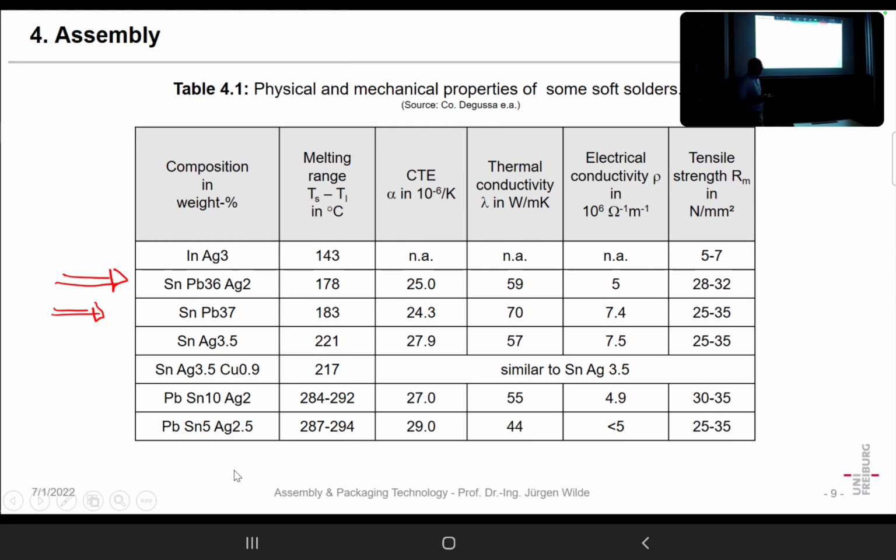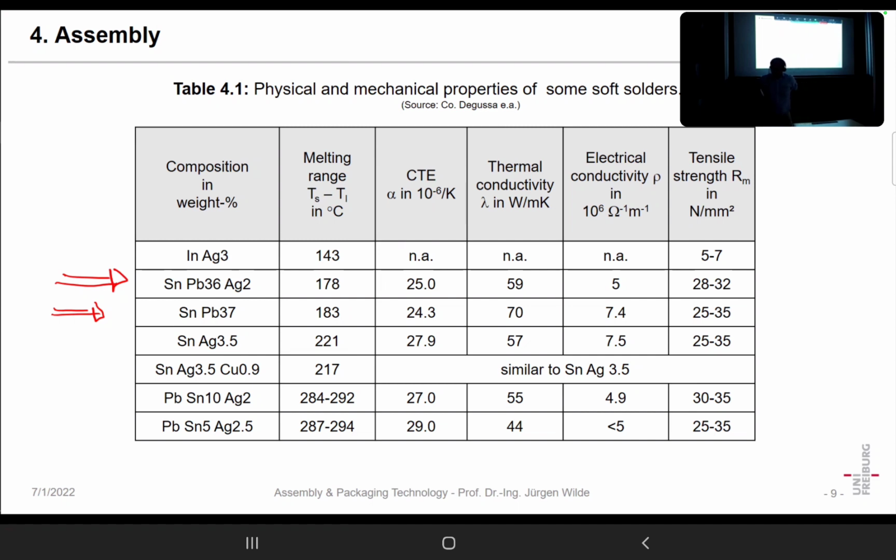And there is another alloy which is based on indium. Indium has a melting point of roughly 150 degrees. When you alloy something in, so you get some eutectic alloy, for instance, indium tin or indium silver, then the melting point can still be decreased.